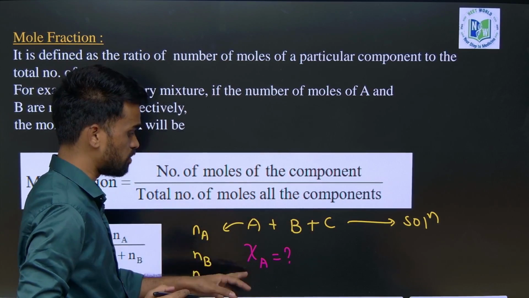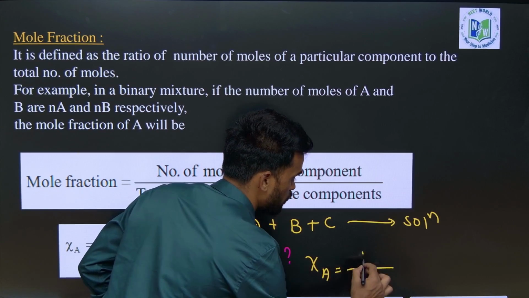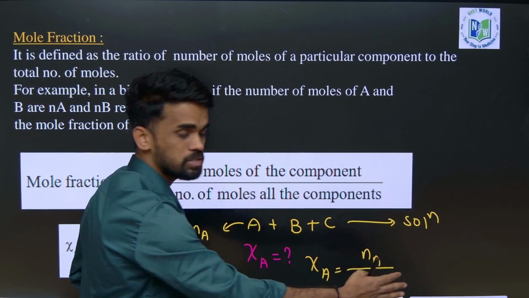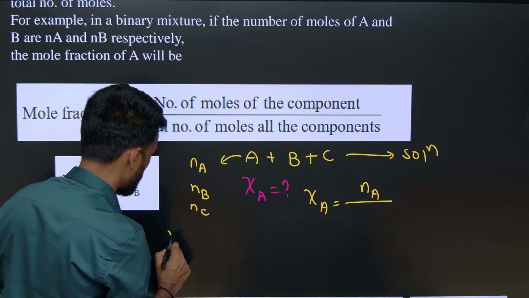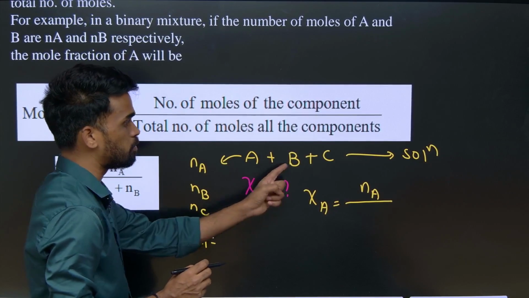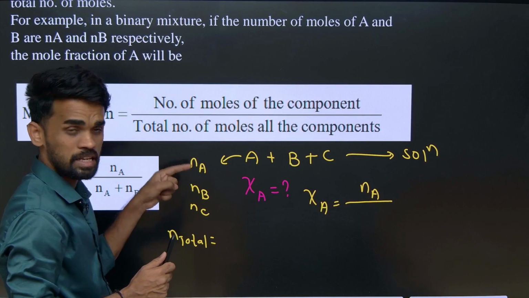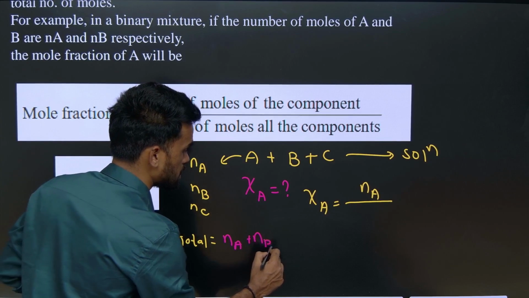Then mole fraction of A is given as number of moles of A by total number of moles. So what is the total number of moles? N total equals the respective moles of A, B, C, that will be Na plus Nb plus Nc, right?